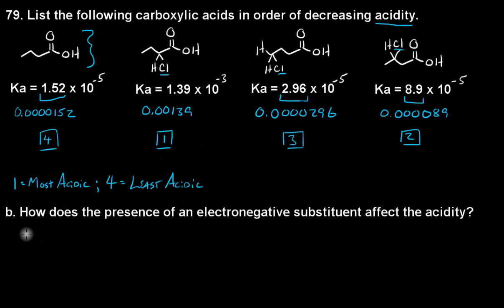Overall, this is just going to increase acidity. That's all it's doing. That's what happens once we start introducing electronegative substituents. We remove electron density and make this compound more acidic.